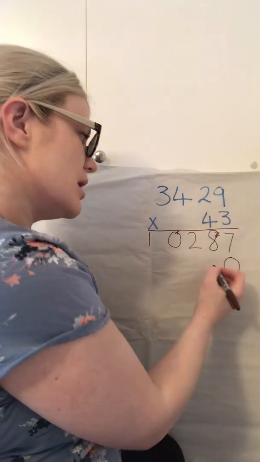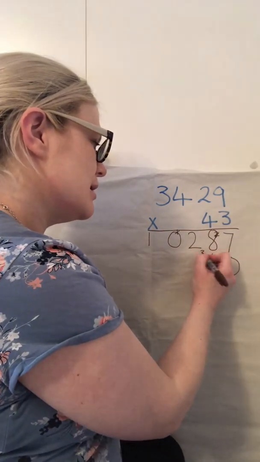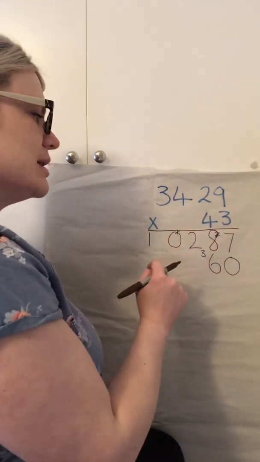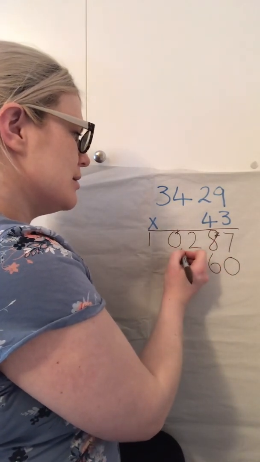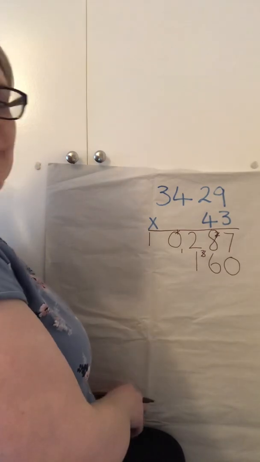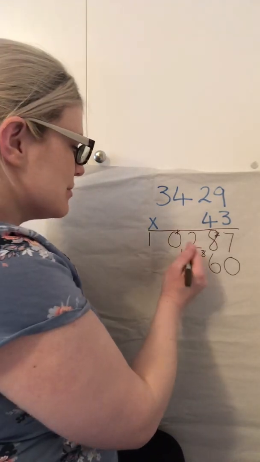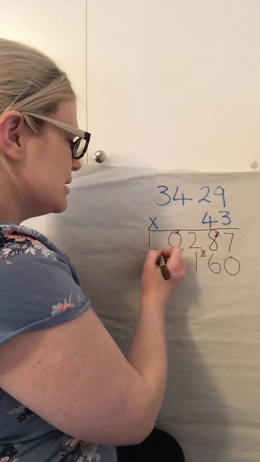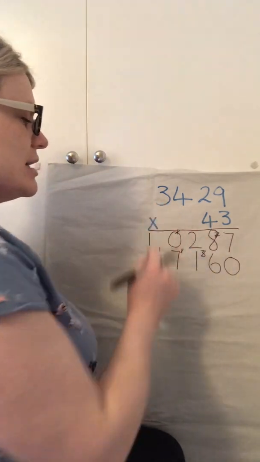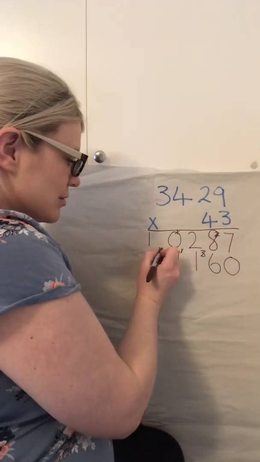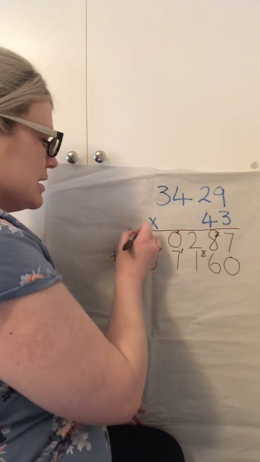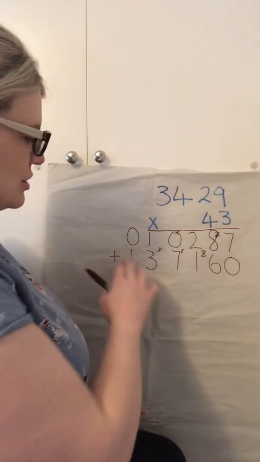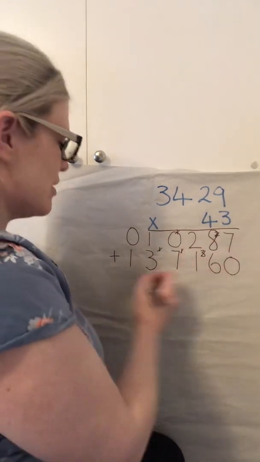4 times 9 is 36. 4 times 2 is 8. Add on my 3, I get 11. 4 times 4 is 16. Add my 1, 17. 4 times 3 is 12. Add on my 1 and I get 13. I'm going to put a 0 there, okay, just to keep my numbers all together.